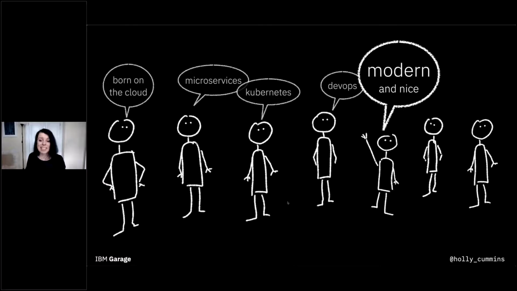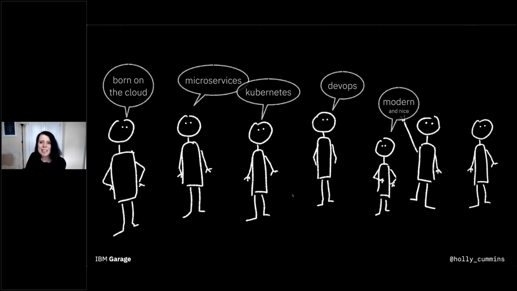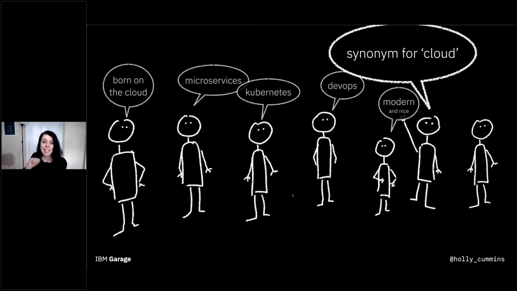Someone else might say cloud native, it's about being modern and nice, and that often when we say an application is cloud native, we just really mean it was developed in 2020 or 2021. I think sometimes as well, we get so used to saying cloud native, we forget it's actually possible to just say cloud.